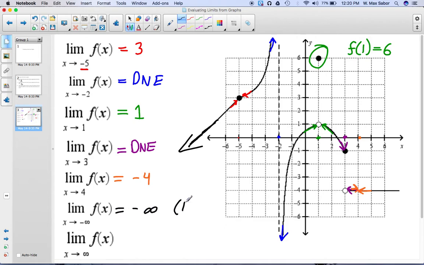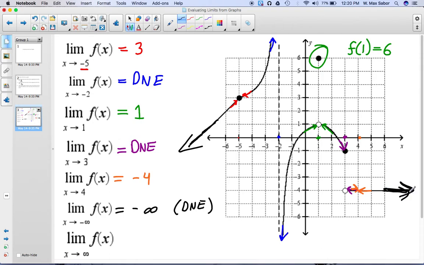Or some people might say it does not exist. This is a difference in notation. Some people define limits as including -infinity and +infinity as possible values for the limit, and other people will say it does not exist.